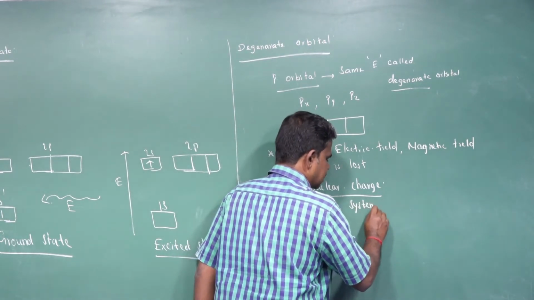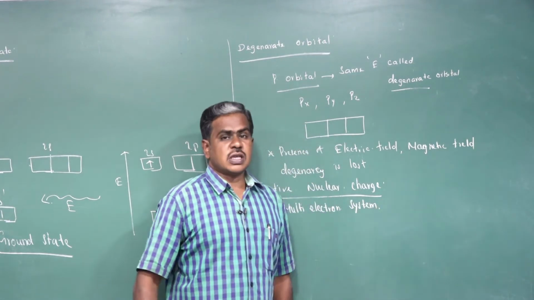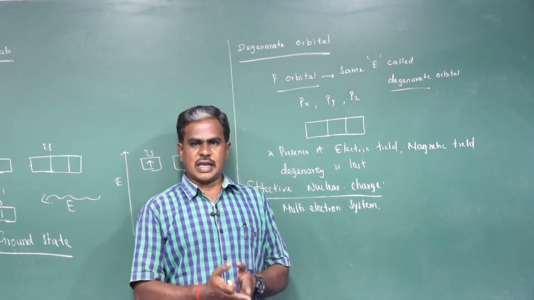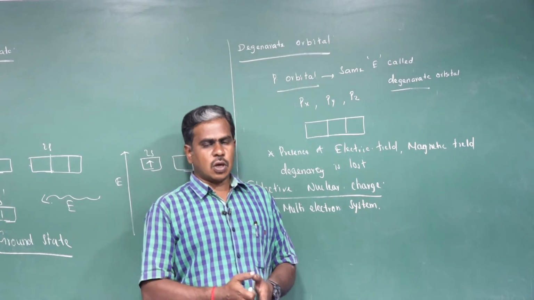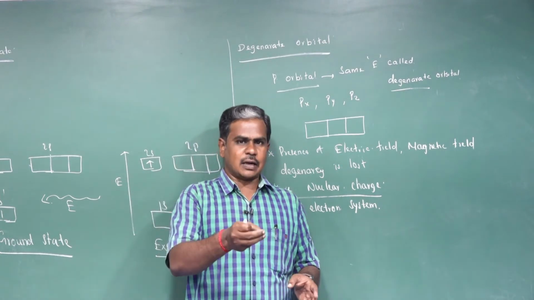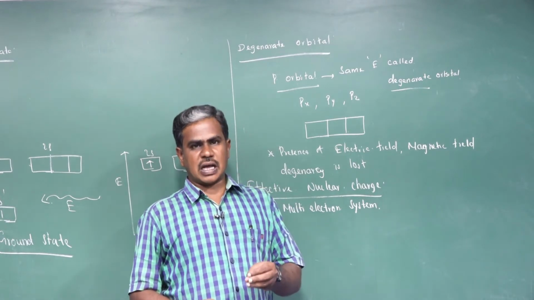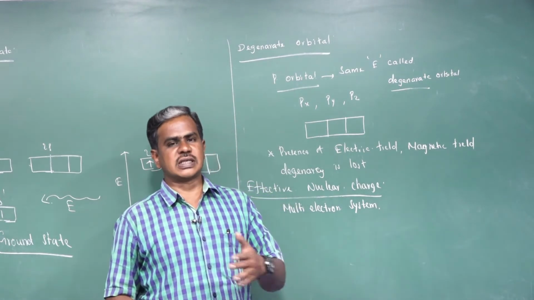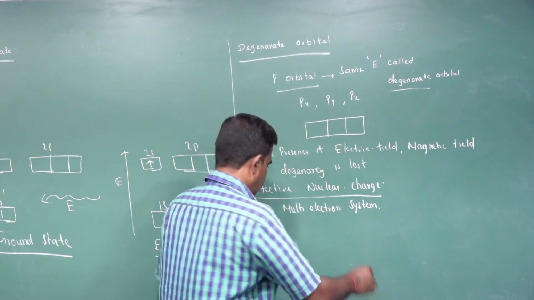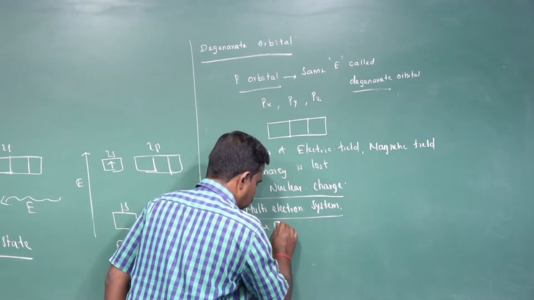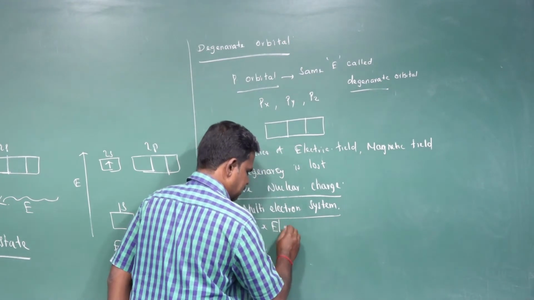In a multi-electron system, the forces of attraction between the nucleus and the electron are present. If we are adding electrons, there is an existence of repulsive forces among the electrons. Here the electrostatic forces of attraction are always present.